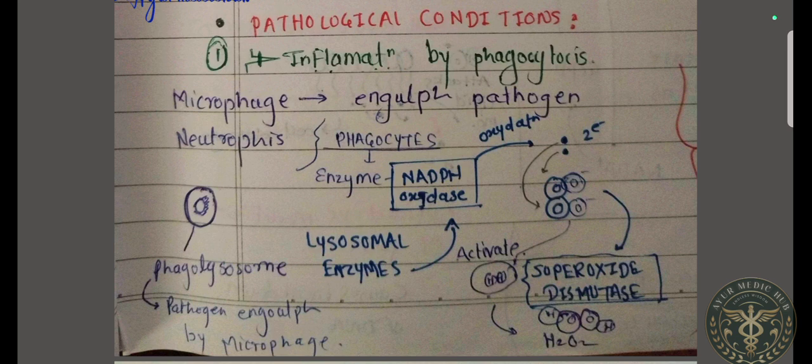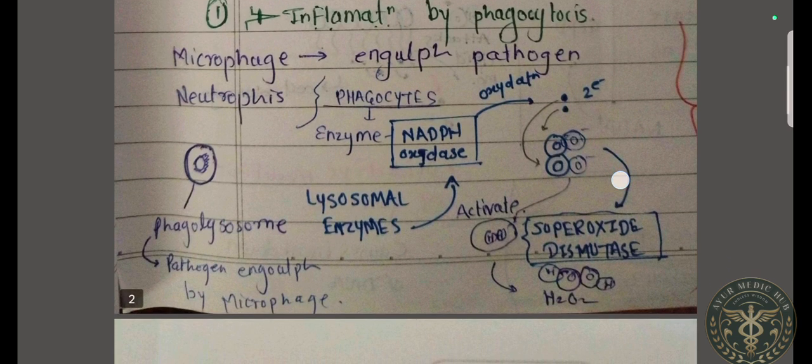These two electrons are taken by superoxide with the help of the enzyme superoxide dismutase, which gets converted into hydrogen peroxide.